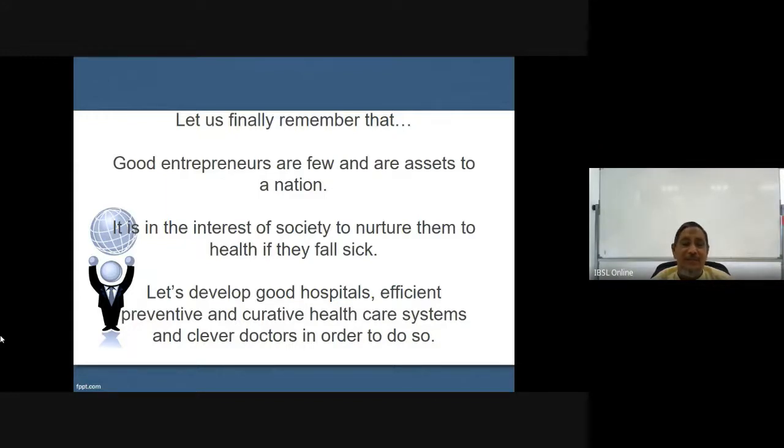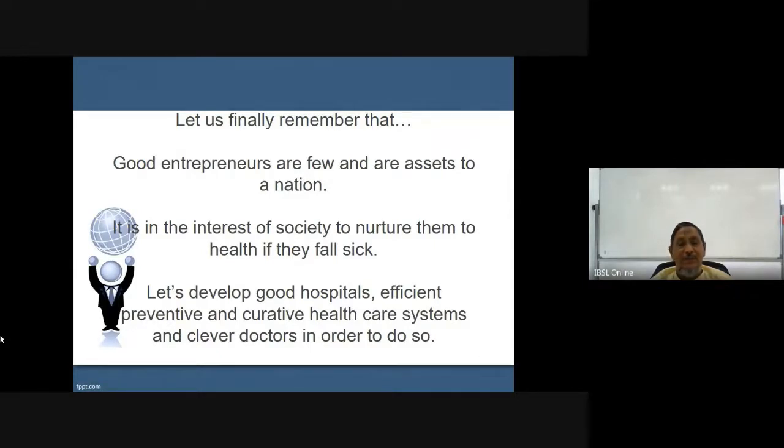It is in the interest of society to nurture them and restore their health if they fall sick. Let us develop good hospitals, efficient preventive and curative healthcare systems, and clever doctors in order to do so.